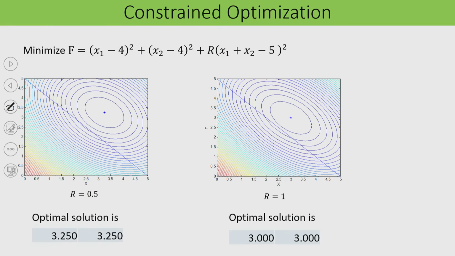This is for r equal to 0.5. I have started the algorithm with r equal to 0.5, and the solution is 3.250 and 3.250, somewhere here. And this is for r equal to 1, and the solution is 3 and 3.